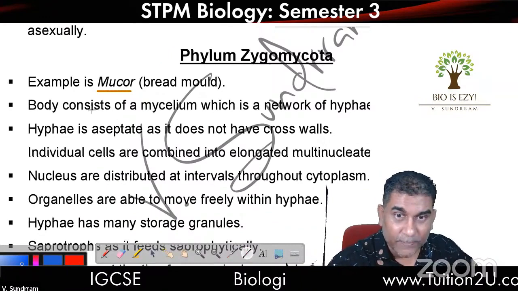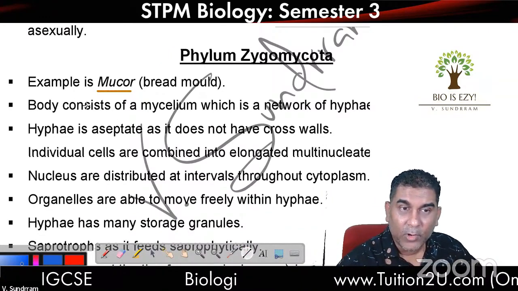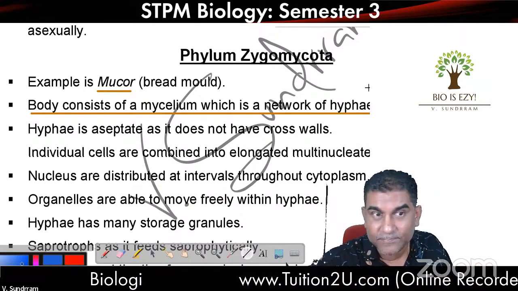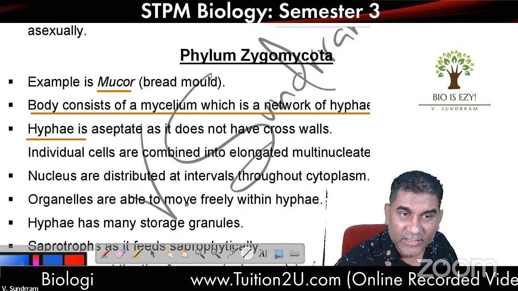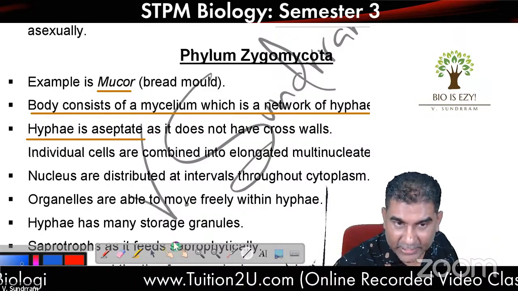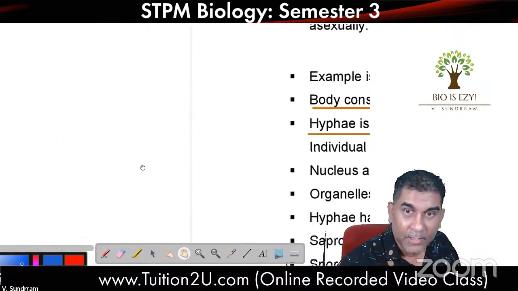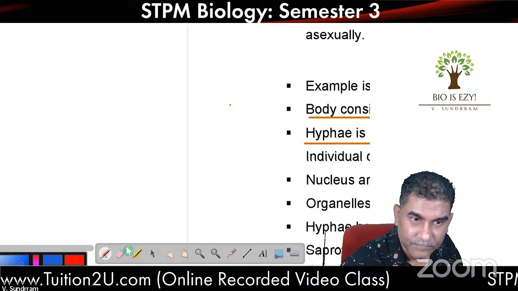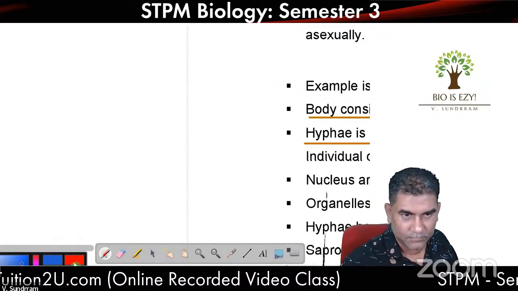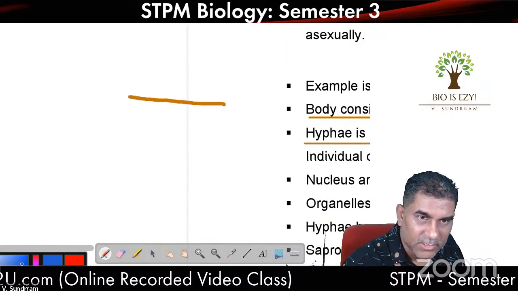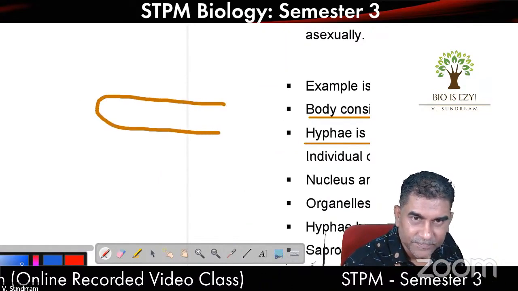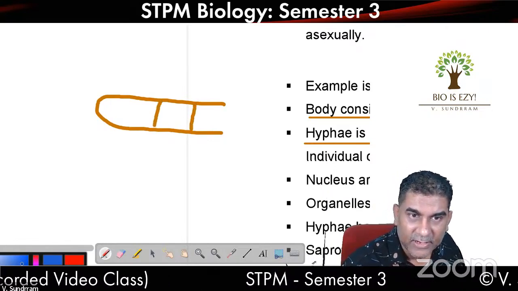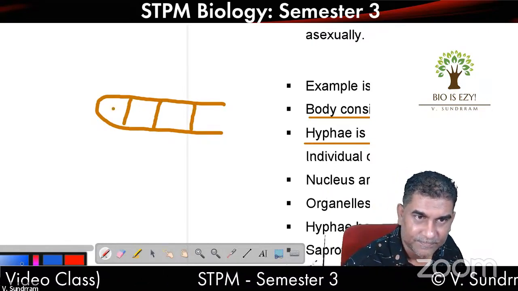If you realize, the points are the same. The body is mycelium, a network of hyphae. What's extra? The hyphae is aseptate. Let's say this is the hyphae. The hyphae may be divided into cells.